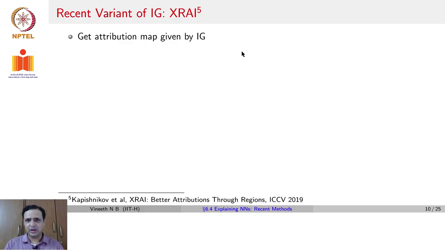So far, we talked about attribution maps of every pixel towards a particular output class. But doing it at the level of every pixel can become tedious in an image. Instead, can we reason at the level of segments in an image is what XRAI tries to do. Fairly practical approach. What it does is you first get the attribution map given by IG. So that's the first step that you need to do.